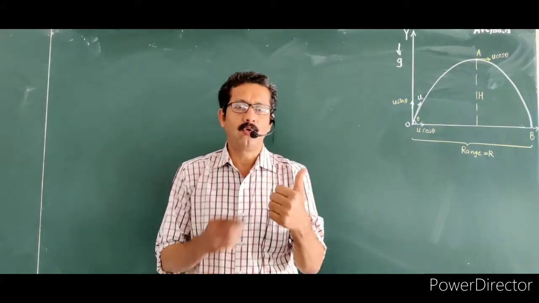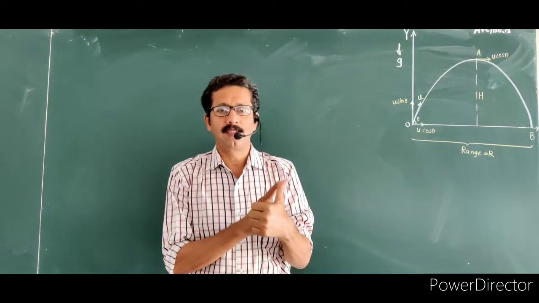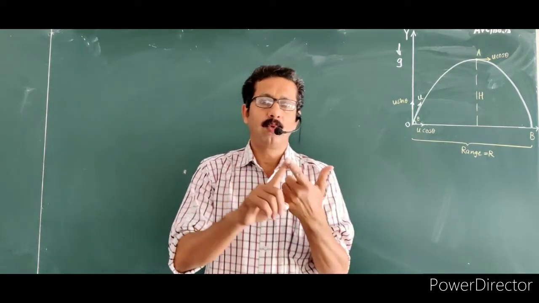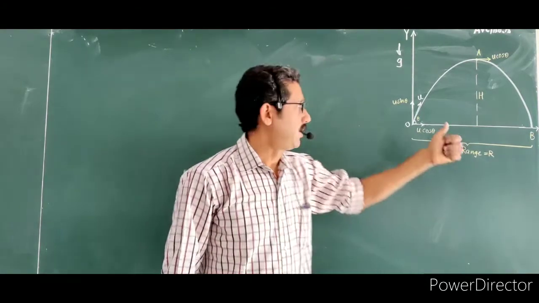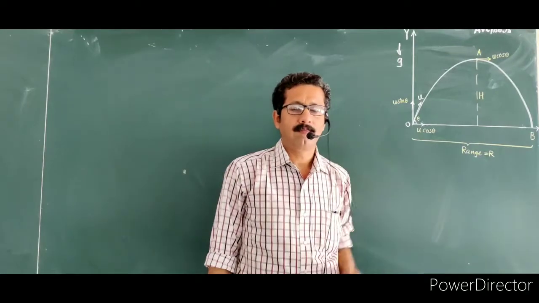So three things were known to me. First was the initial speed of projection u, the second was the angle of projection theta, and the third was the acceleration due to gravity.